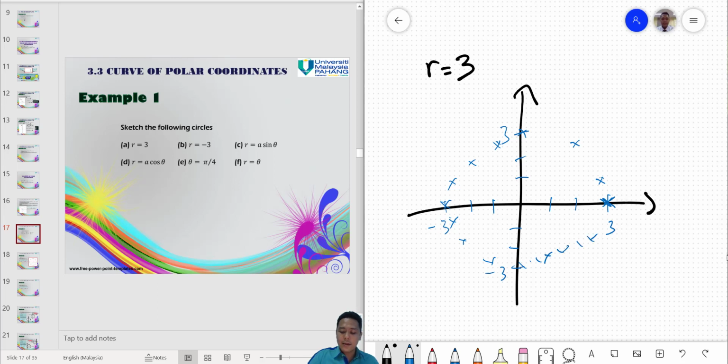If you connect the dots, it will be a circle that remains at a constant distance of 3 from the origin. What can we see here? If the given polar equation only gives you a constant r, it will form a circle with the origin as the center.